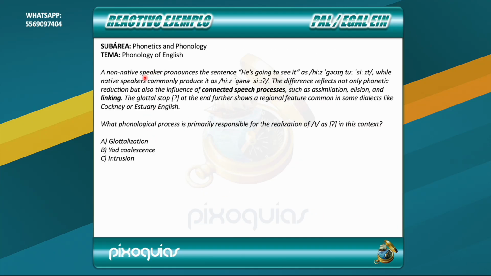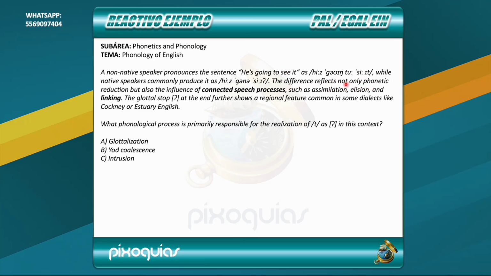Here we have an exercise from phonetics and phonology with the topic phonology of English. A non-native speaker pronounces the sentence, "He's going to see it," differently, while native speakers commonly produce it reduced.